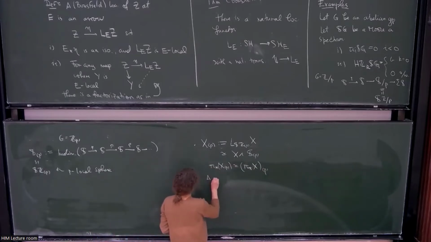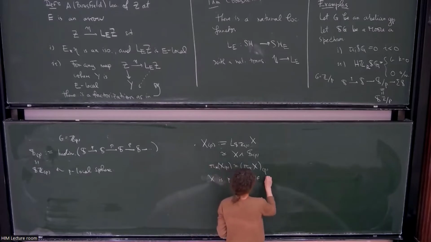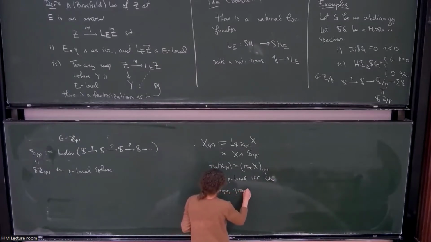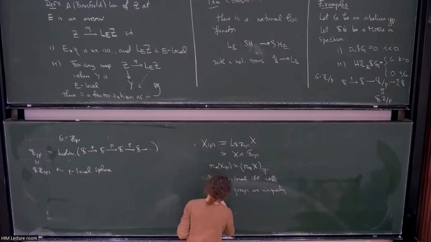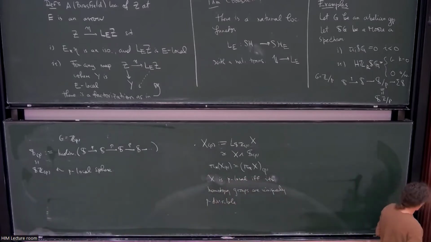And also, a spectrum X is P local if and only if its homotopy groups are uniquely divisible. So you can completely recognize P local spectra by their homotopy groups, and localizing is not that bad.